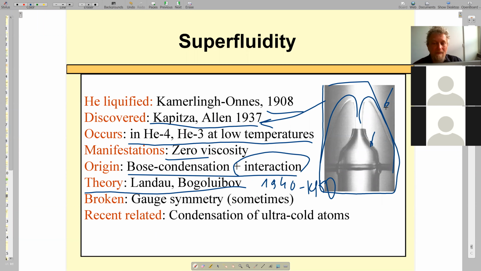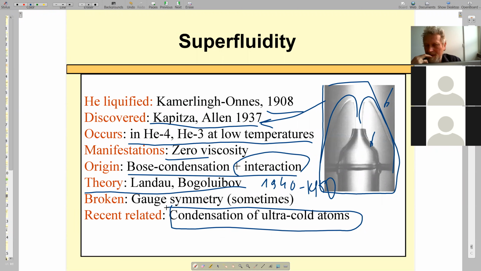Right. In modern times, there's much more fuss, much more interest in condensation of ultracold atoms in laser traps, which is in fact the same phenomenon, and it was very popular in the last decades.